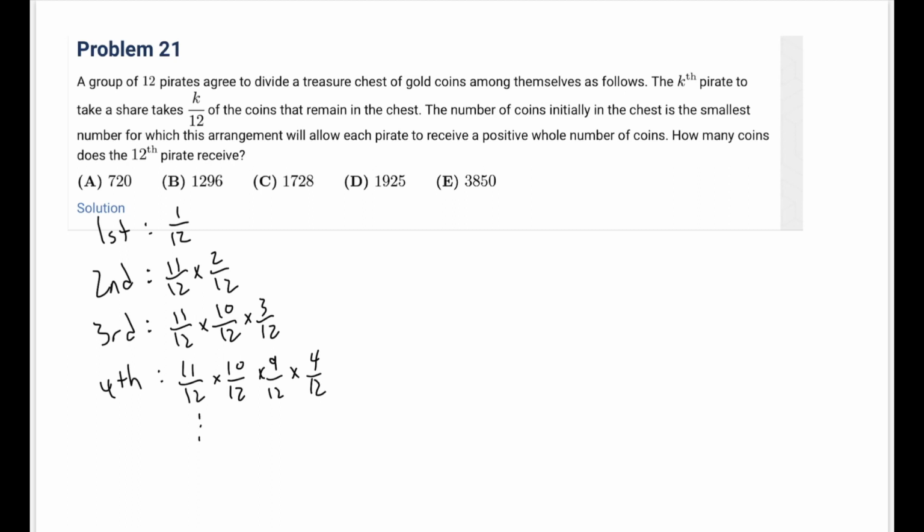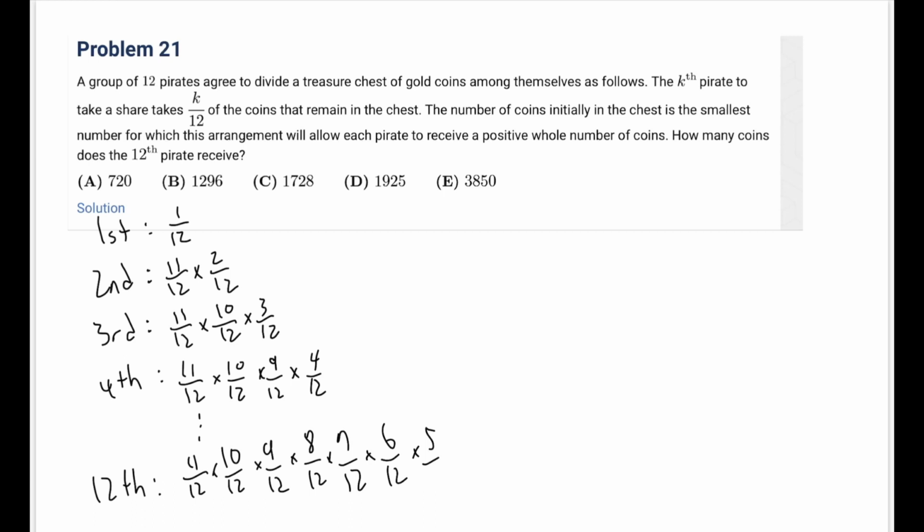And then all the way to the 12th, so the 12th would get 11 over 12, 10 over 12, 9 over 12, 8 over 12, 7 over 12, 6 over 12, 5 over 12, 4 over 12, 3 over 12, 2 over 12, 1 over 12, times 12 over 12, which is just 1, so we don't need this thing.